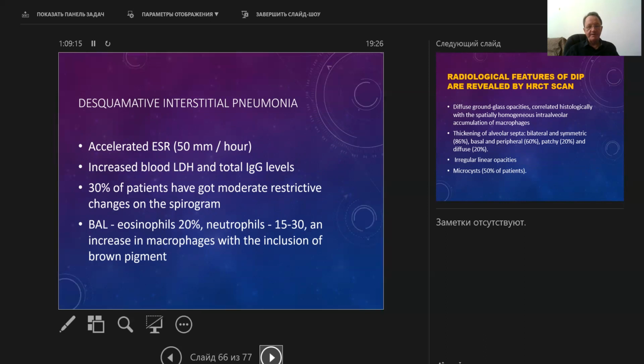In case of DIP, you can find accelerated erythrocyte sedimentation rate up to 50 mm per hour, increased blood lactate dehydrogenase and total immunoglobulin G level. 30% of patients have moderate restrictive changes on spirography. Bronchoalveolar lavage detects 20% eosinophils, 30% neutrophils, and an increase in macrophages with inclusion of brown pigment.